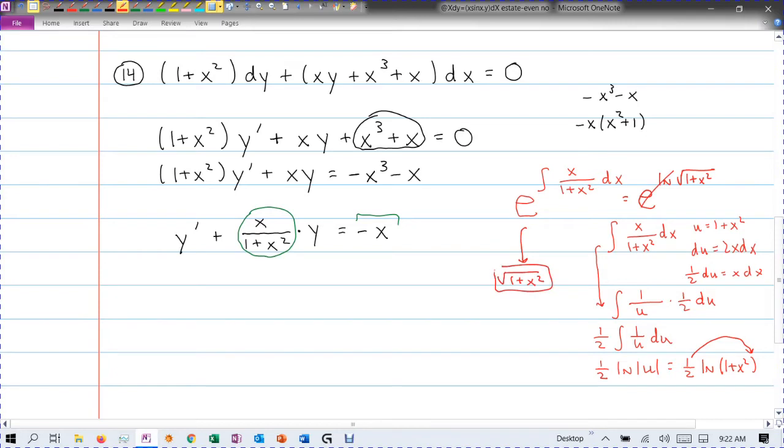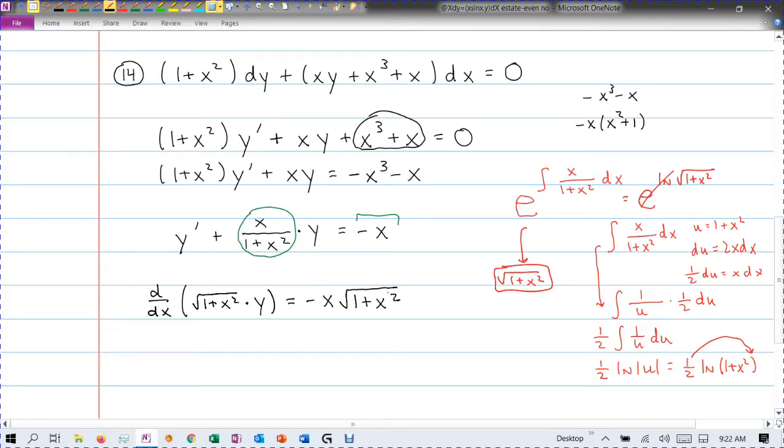That's our integrating factor. So back to the problem, I know that my left-hand side is going to turn into the derivative with respect to x of the product of my integrating factor times y, and that must equal, now be careful here on the right side, negative x times my integrating factor.